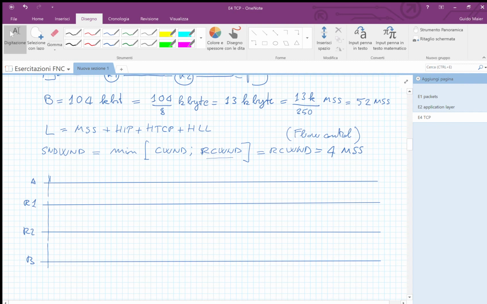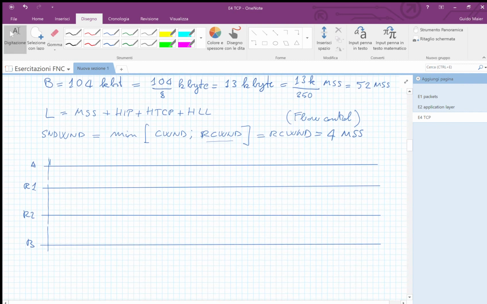So we don't know a priori what is the value of the round trip time, because here we have this value L, which is given in a literal form. So we have to do 2 hypotheses, okay, one hypothesis and the other.